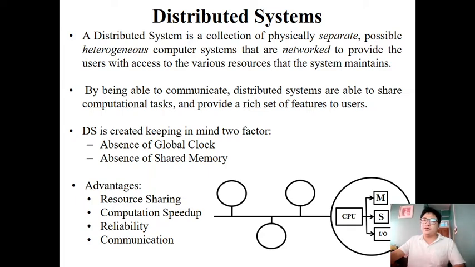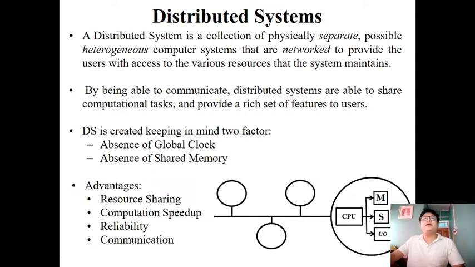Whereas in a distributed system, function 1 can be executed here, function 2 can be executed here, function 3 can be executed, and so on. In that way you can distribute the execution of different subroutines across different computers, provided those subroutines are independent of each other. Next advantage is the reliability.